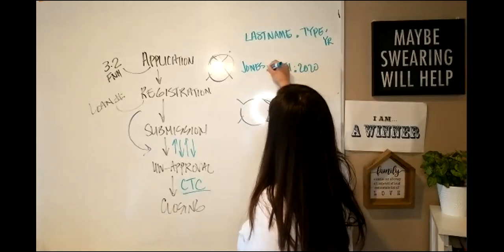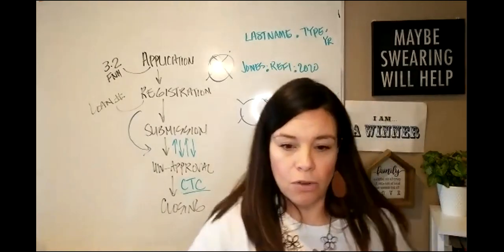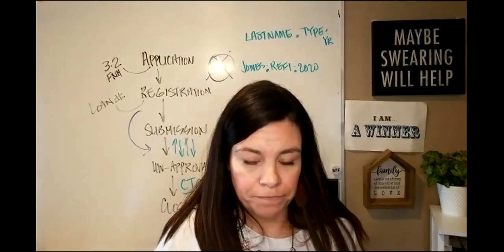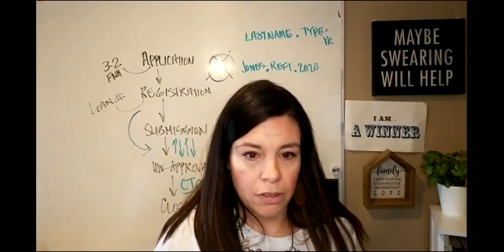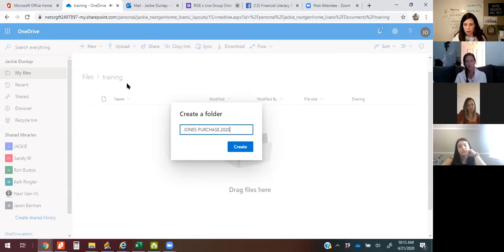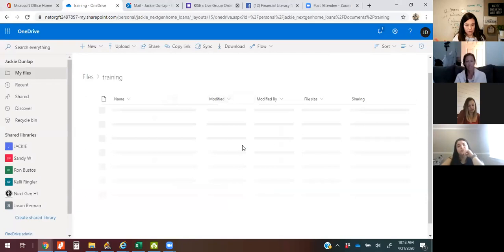And you just put a period in between there, okay? So that's how it's going to look in my folder. See, purchase 2020, okay? I don't always put the year on a purchase because they're not going to be purchasing a property every year, unless they're like an investor, okay?